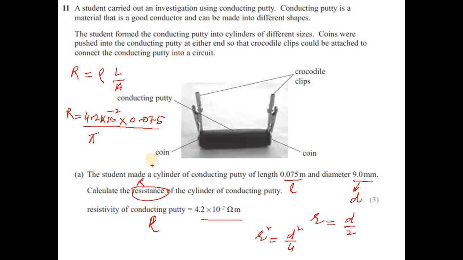So you can say that the pi r square and 9 into 10 raised to the power minus 3, it is because this is in millimeter, so I am converting into meter. 9 into 10 to the power minus 3 divided by 2 whole square.